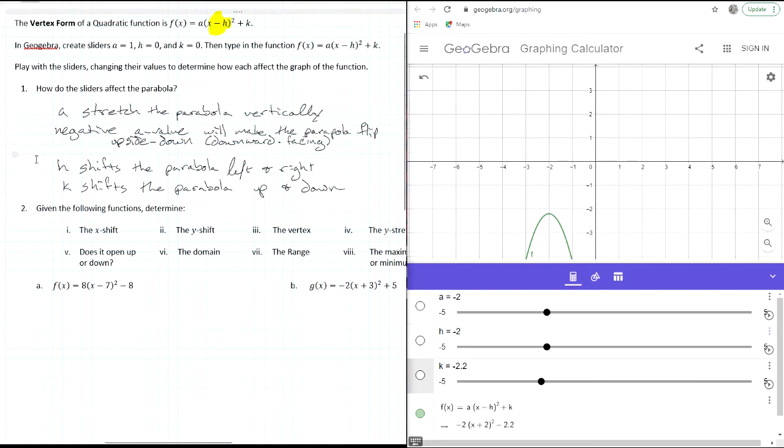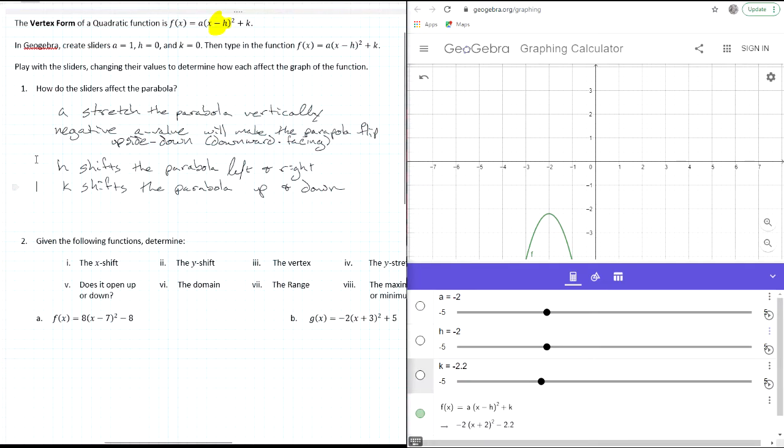Give myself just a hair more room here. So what we're going to notice is where the vertex is. Let's just move this to some whole numbers. There. h is -2, k is 1. Then the vertex is at the point -2, 1.